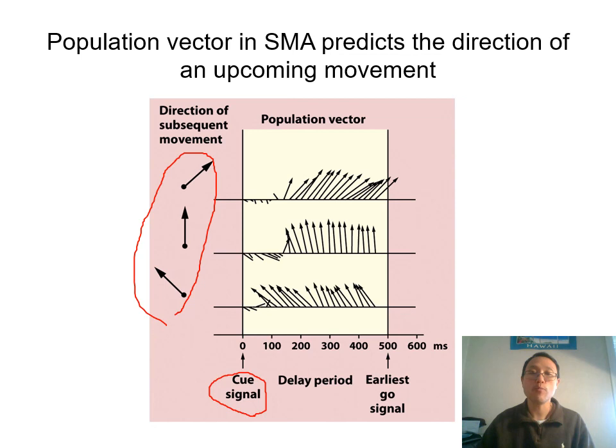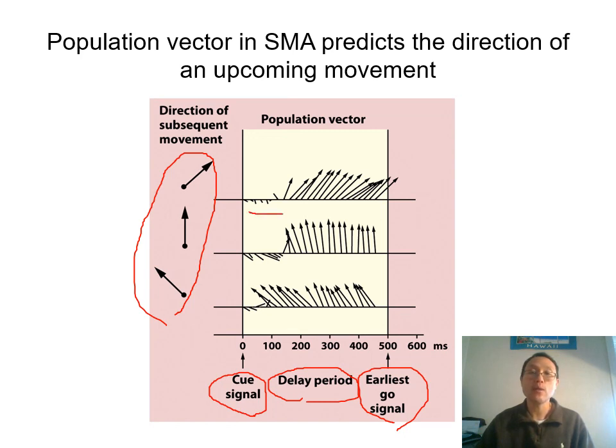They have a cue signal, then a delay period, and then the earliest go signal. What they are trying to look at is how this area, the supplementary motor area, reacts when it comes to the actual planning of the movement.